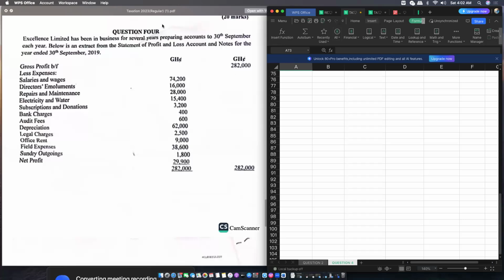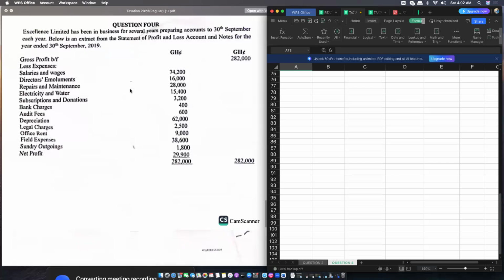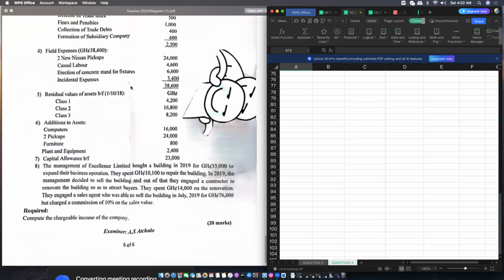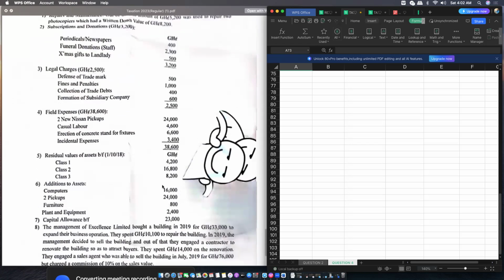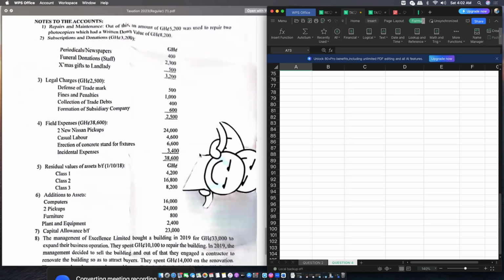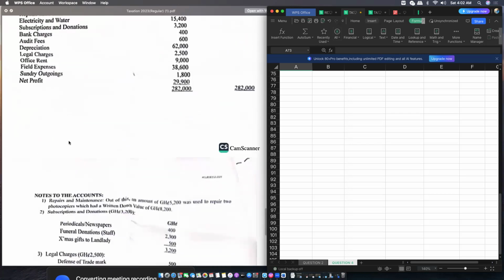So first, with this question, we have been asked to compute the chargeable income of the company. I'm going over once again as Esther requested. For us to get our chargeable income, we first need our net profit.